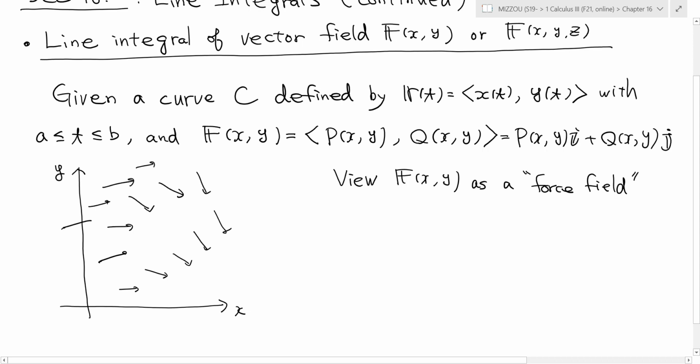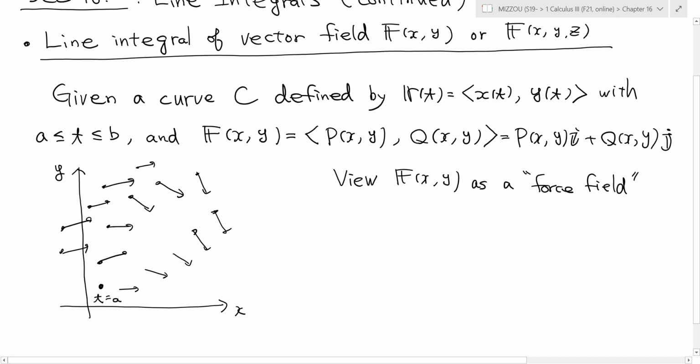In other words, water is moving. That means at each point on the surface of the water, we have some force acting on the water. And that's what I mean by force field. So you may think of this F of x,y, which is given as this vector, as a force acting on the water at each point x,y. And then suppose you dip your finger on the surface of the water, and at time t equals a, your finger is here.